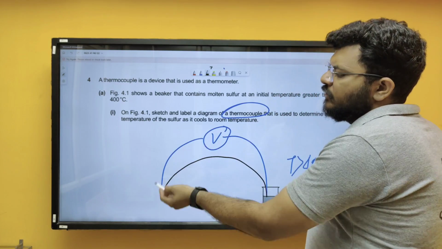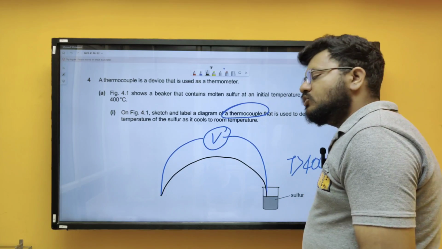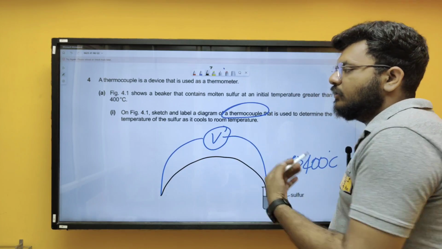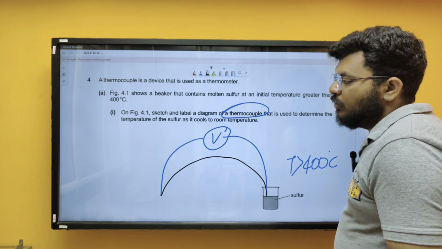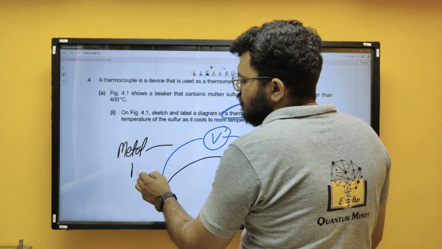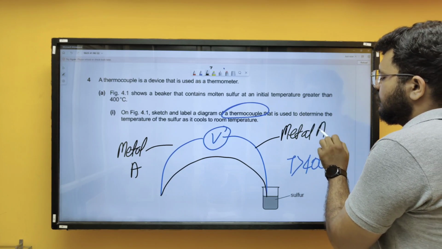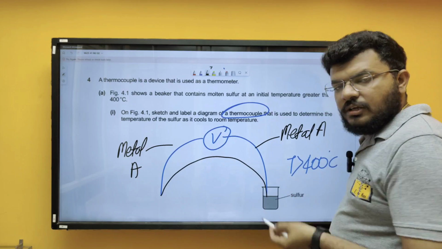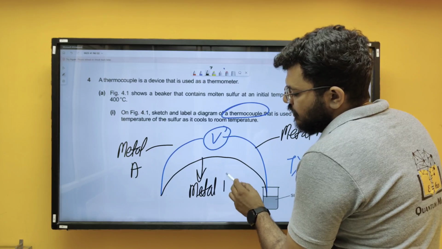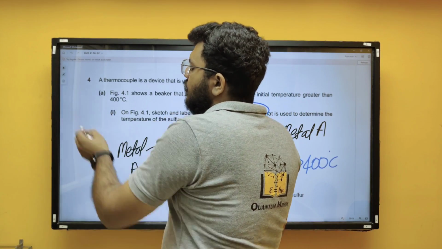Because movement of electrons is current that happens only when voltage is there. So we can measure the voltage, calibrate it to the temperature, and therefore find out the temperature. So this is a thermocouple. You can mention this as metal A. This is also metal A, right? Because the current must be transferred in the same kind of metal, and this is metal B to complete the circuit, right? The circuit must be closed for electrons to actually pass.